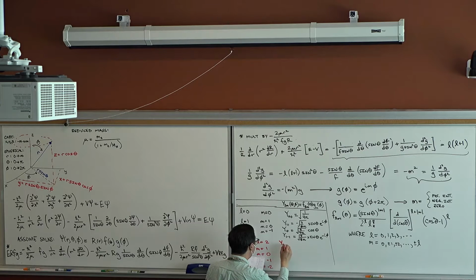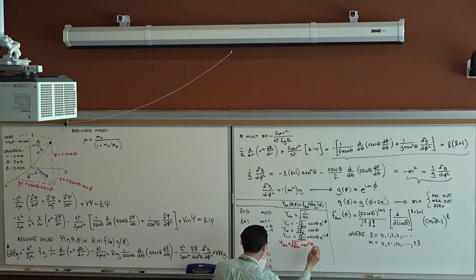So y22 is 15 over 32 pi under the radical sine squared theta times e to the 2i phi.